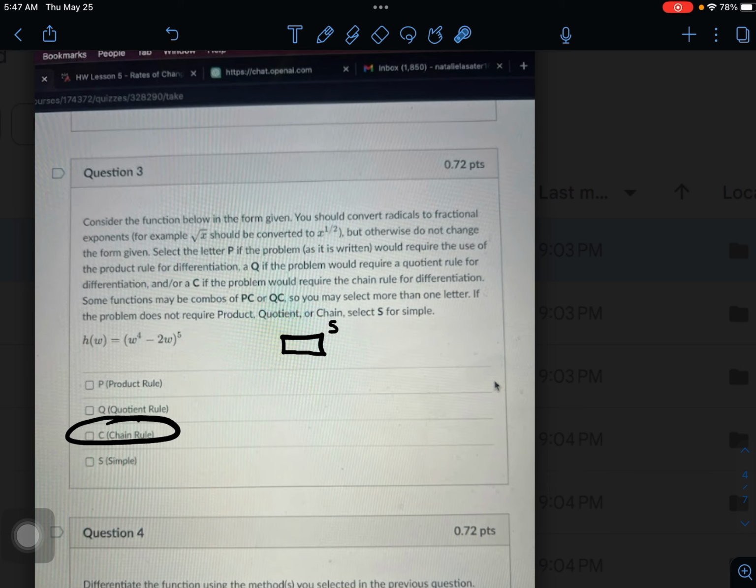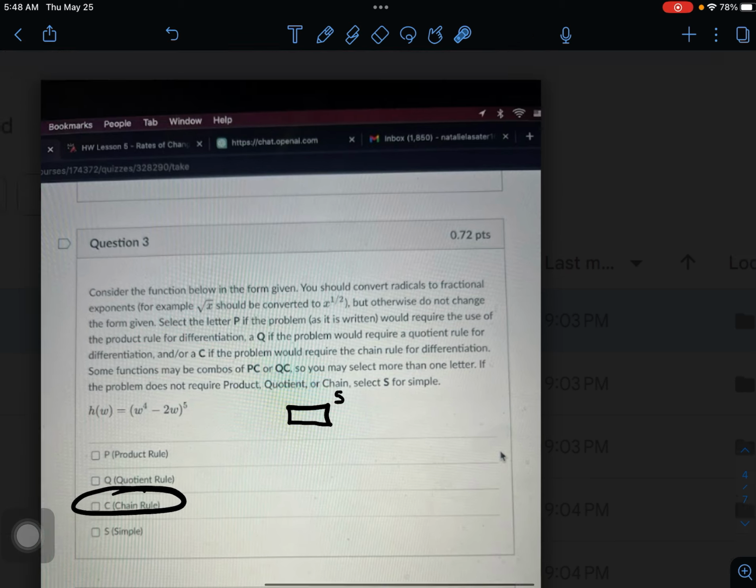Well, we didn't use the product rule, so that won't come into play. And QC, we did not use the quotient rule, so there won't be any combinations yet. That one's just your chain rule. We did a chain rule, but we also used the S. But that's not one of the combinations they say you can pick. You can't pick C and S. So we should be good with just saying chain rule on that one.